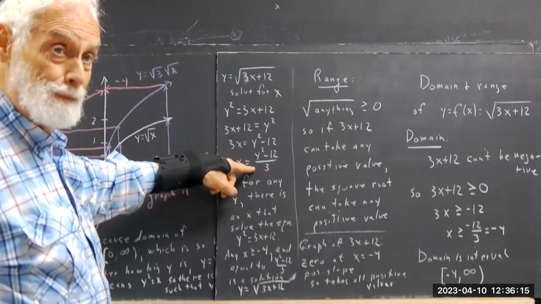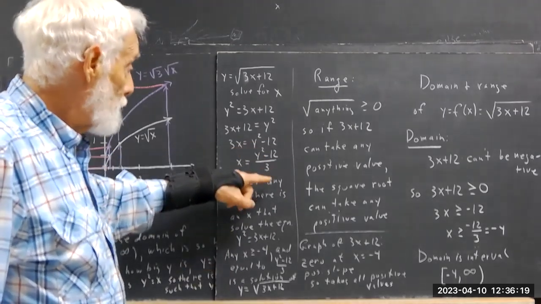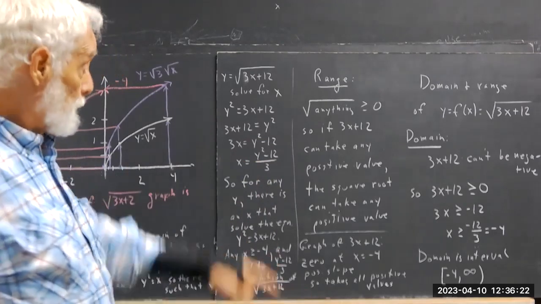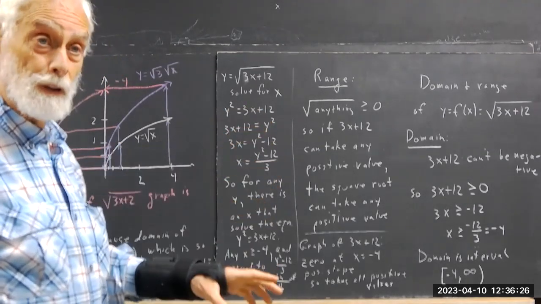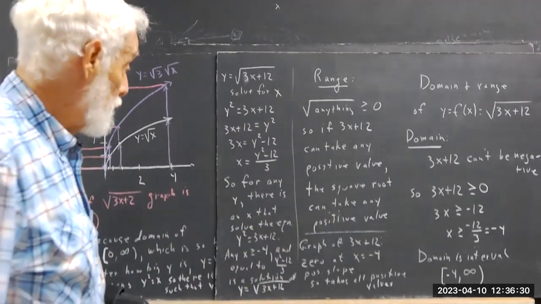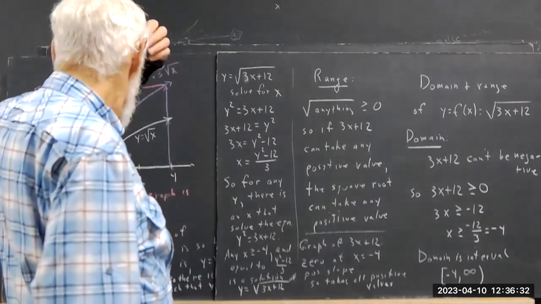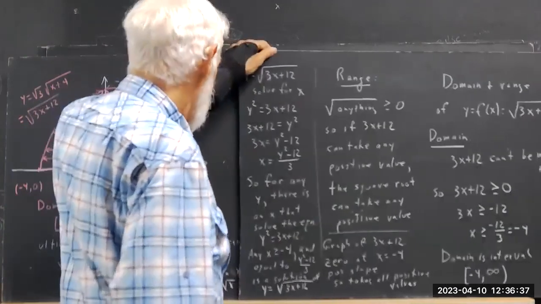That number has to be greater than or equal to negative 4 because y has to be greater than or equal to 0. You write that out rigorously, not that anybody learns to write out anything rigorously at the pre-calculus level, but you kind of know how to do that.